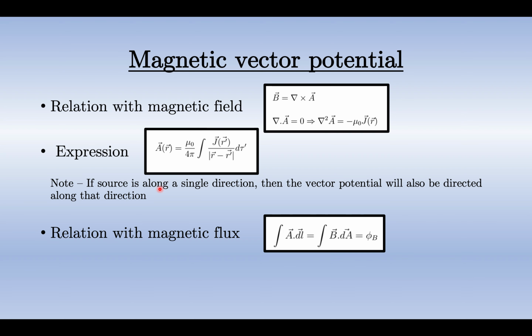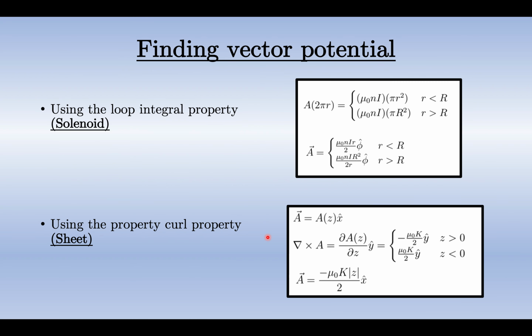One qualitative observation, which is useful in cases where there is symmetry, is that if the source, which is the j vector, is along a single direction, then the vector potential will also be along that direction. This can be quite useful. Another important property is that the loop integral of the vector potential equals the flux through that loop. This is also a very nice property which can be used in certain problems. So we shall see that.